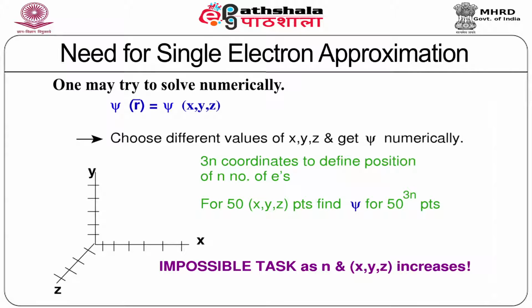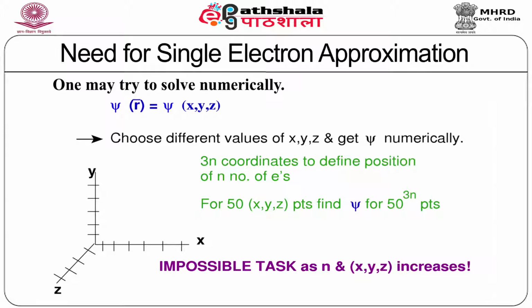One needs to remember that the wave function psi depends on the 3n coordinates of the n number of electrons. So if there are 50 real space coordinates specified by x, y, z, one needs to find the wave function psi for 50 to the power 3n points.